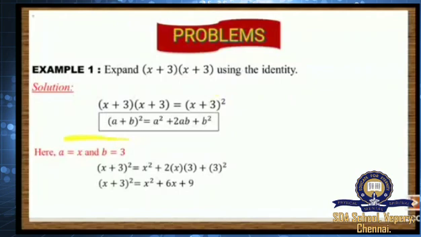So substituting a equal to x and b equal to 3 in the above identity, you will get (x + 3) the whole square equals x square plus 2 into x into 3 plus 3 square. If you solve this, x square plus 3 into 2 is 6, so 6x, plus 3 square is 9. So (x + 3) the whole square equals x square plus 6x plus 9.